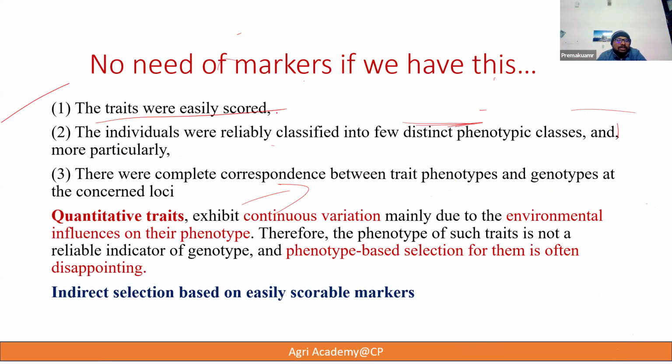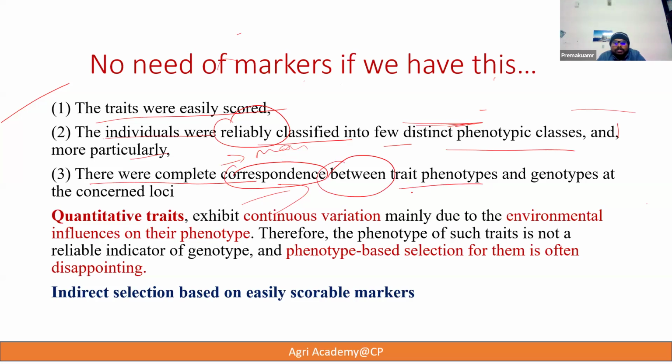If the individuals can be reliably classified into a few distinct phenotypic classes, more particularly when it's monogenic, and there is a complete correspondence between the trait phenotypes and the genotypes of the concerned loci, it means that P is equal to G plus E. If the environment has more effect on the phenotype, you can't select easily.